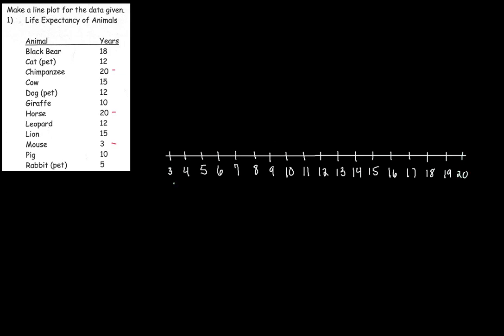And so now we've gone from 3 to 20, and we've got every number in between. And that will give us plenty of space to talk about the values here.